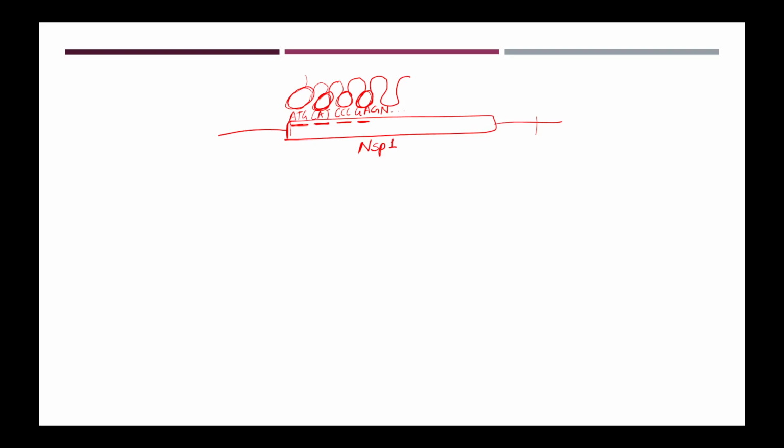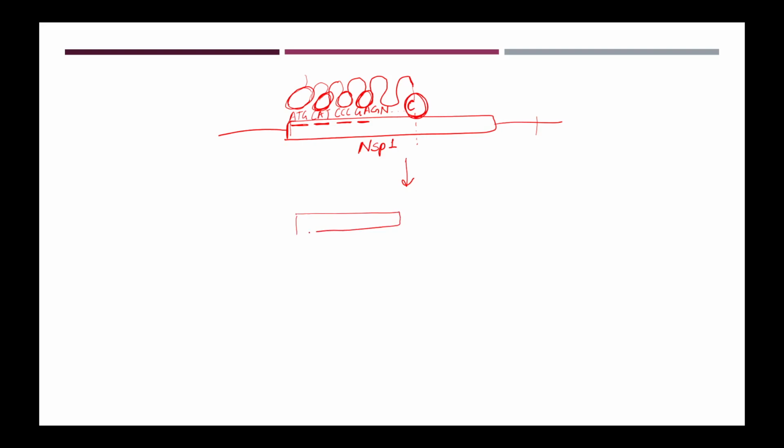Now this recognition protein, you can fuse it with another protein, which is a cleavage protein. After the recognition, this will create a cut here. This cleavage protein should be non-specific.